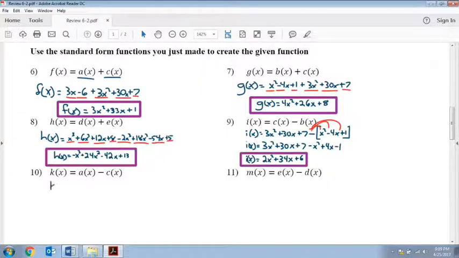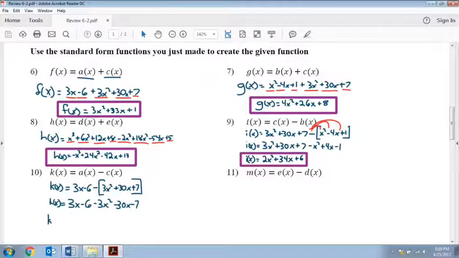All right? Number 10. So we got k of x equals your a. Remember, your a from above is 3x minus 6. Your c from above, so we're going to subtract c. c is 3x squared plus 30x plus 7. So k of x equals 3x minus 6 minus 3x squared minus 30x minus 7.